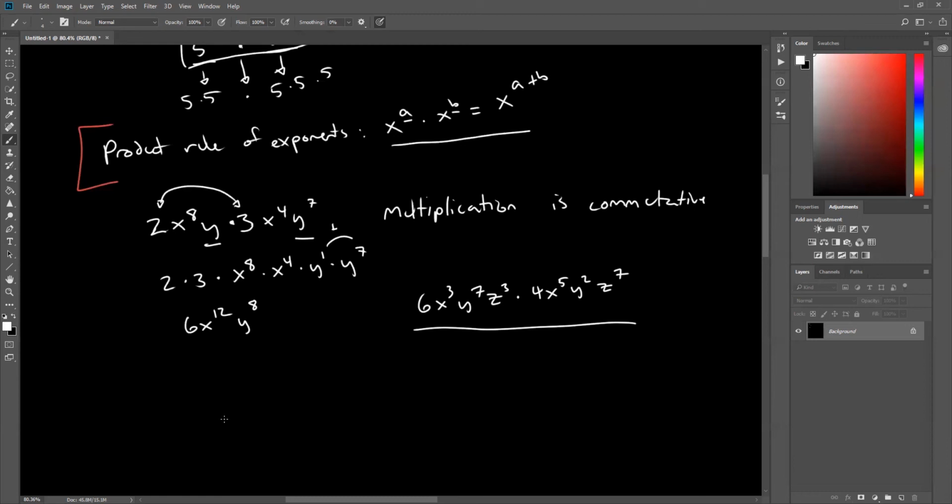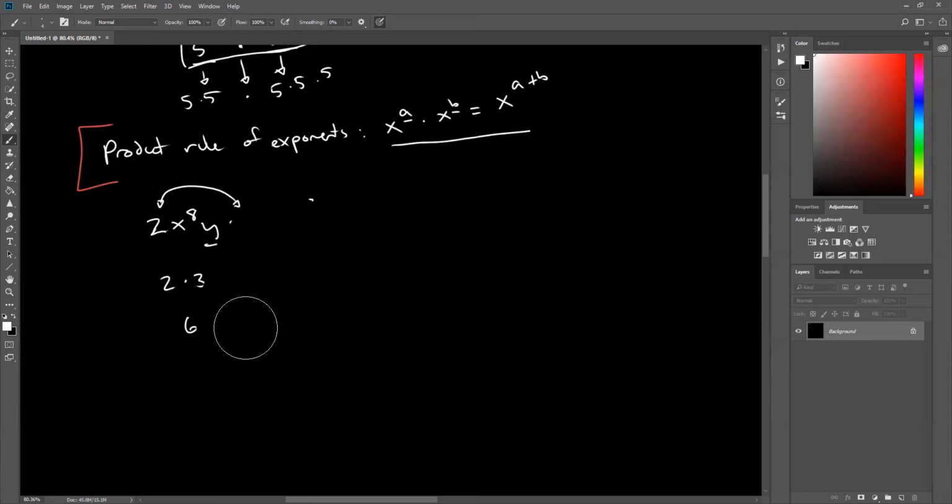Do you get an answer? Would it be 24x to the 8, y to the 9, and then z to the 10? Exactly. Perfect. You're getting the hang of it. All right. Perfect. Let's move on.